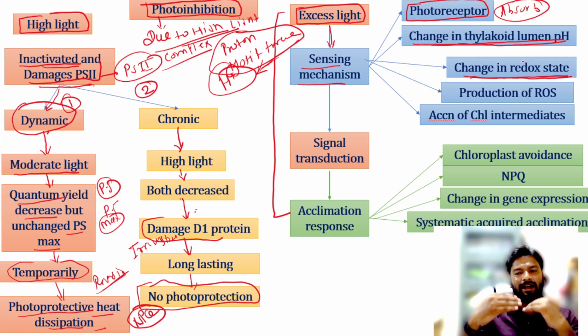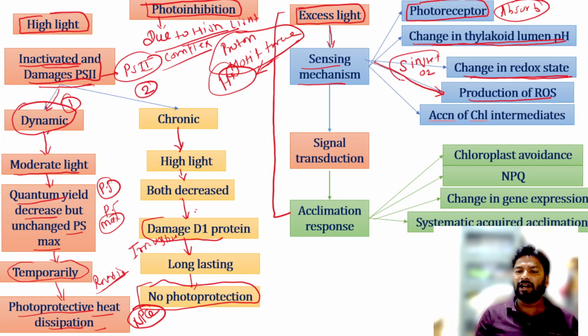And we also discussed in oxidative stress that there is production of ROS or singlet oxygen during photosynthesis, and accumulation of chlorophyll intermediates like excited chlorophylls.